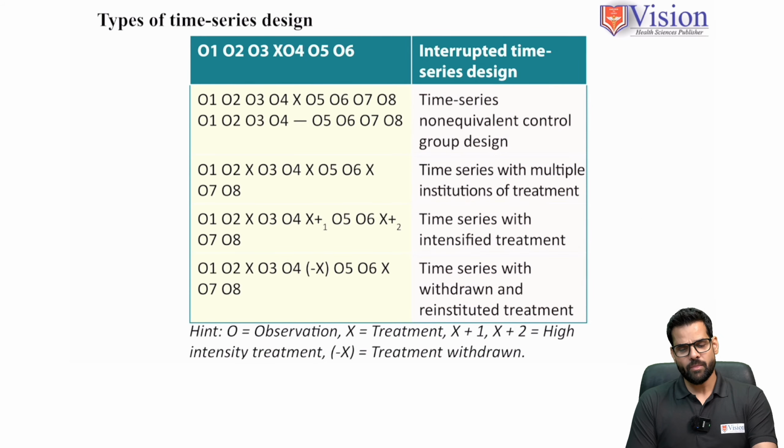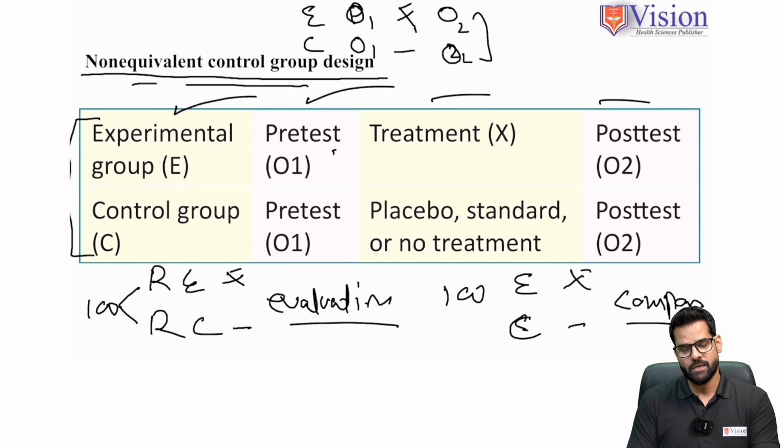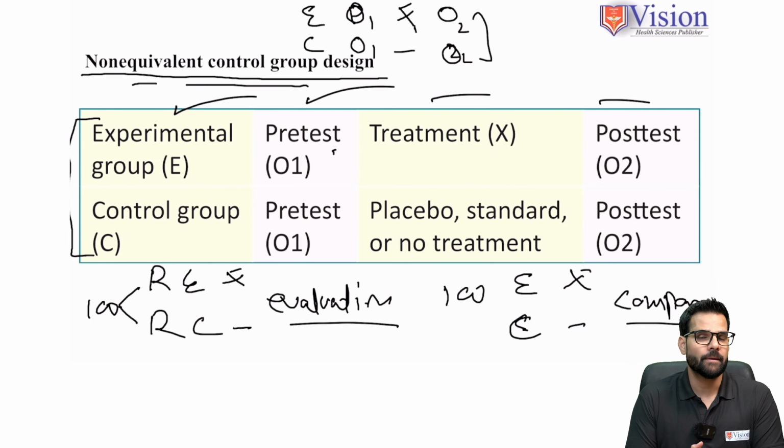Now, these non-equivalent control group designs are more practically feasible as compared to the experimental designs. The only problem or demerit is that as we are lacking randomization, the groups are non-equivalent. So people can say that the groups were not equal before the intervention.